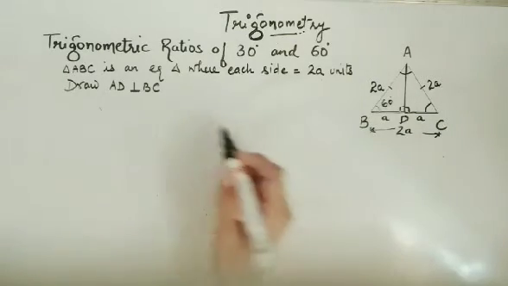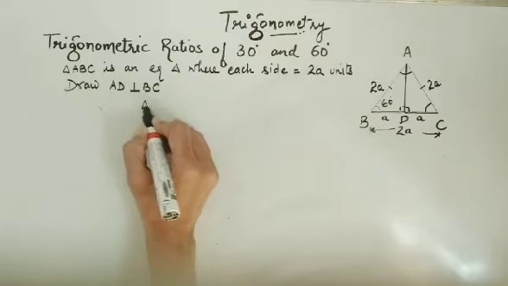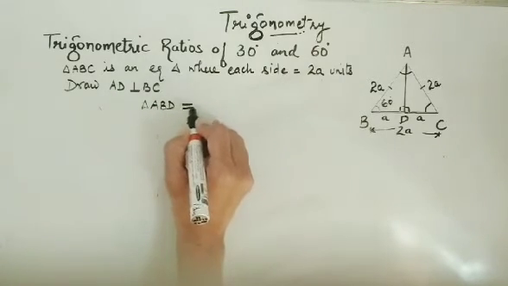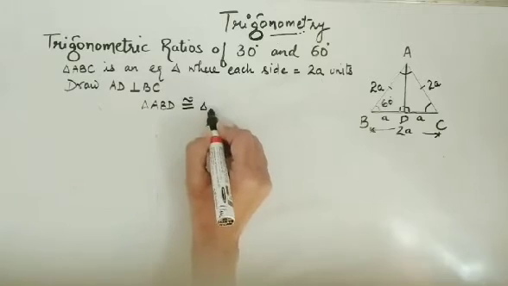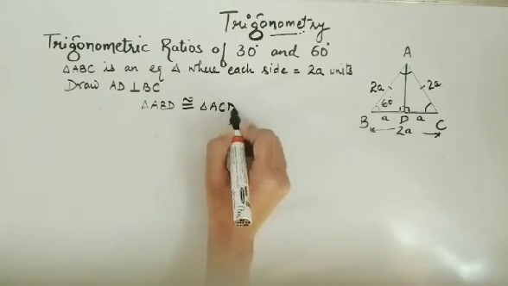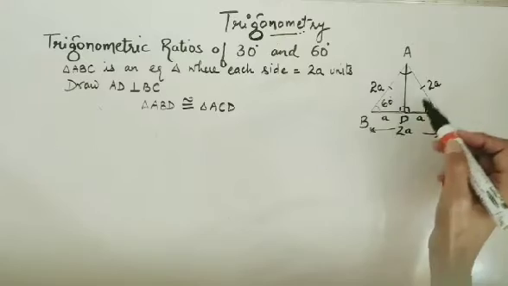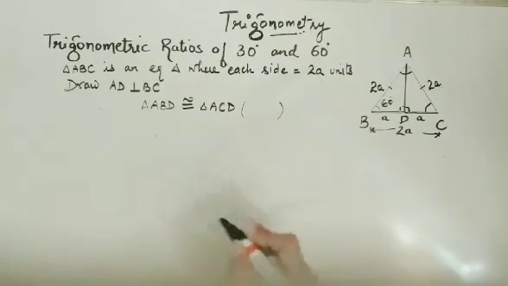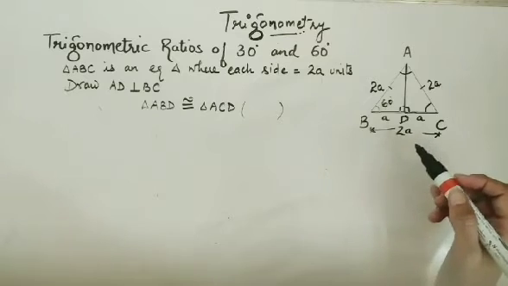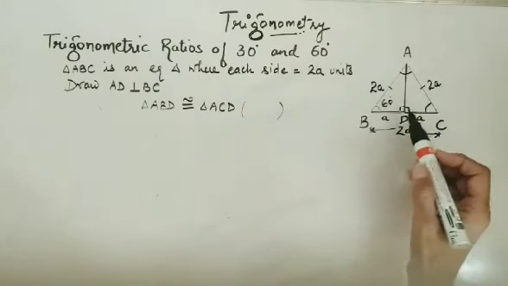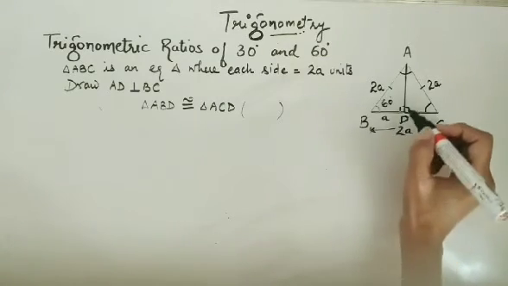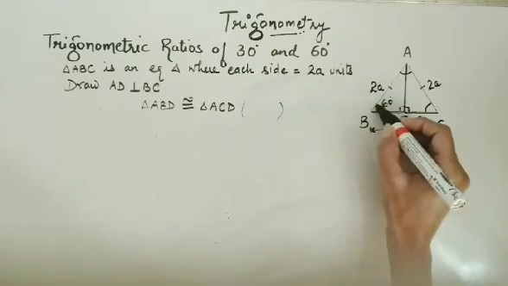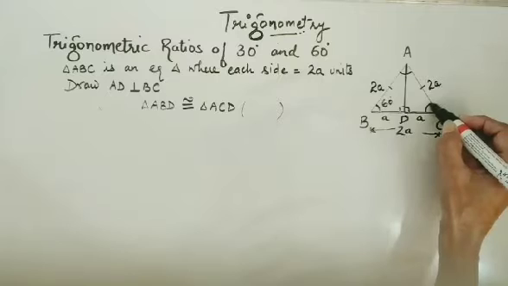Let's see how. If I say triangles ABD and ACD, these two triangles ABD and ACD are congruent. Let's look for that rule which has made them congruent.